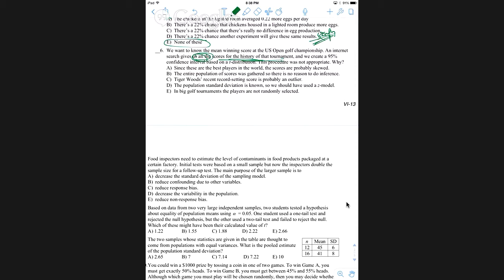We don't do inference on the whole population data. What we're doing in inference is trying to see if a sample is going to give us information about the entire population as a whole. So we probably say that the population standard deviation is known because we know all the scores.